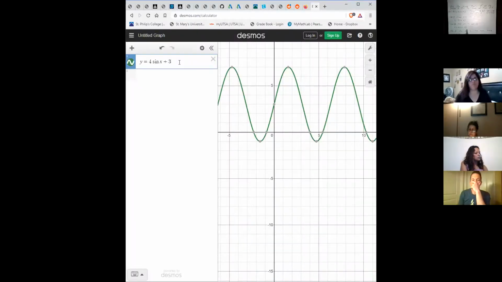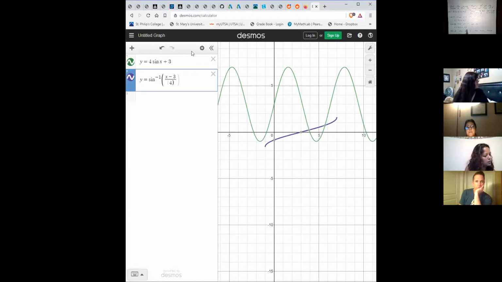Okay, so here's the original. So the sine inverse would be, there it is. This purple line is the inverse of the green function, although you would have to restrict it here, from here to here. Once you restrict it, then you can define an inverse.